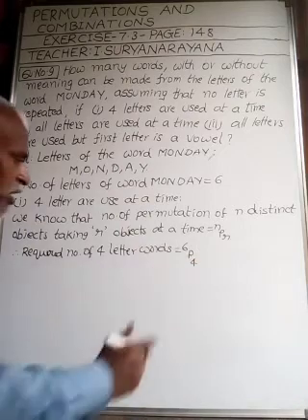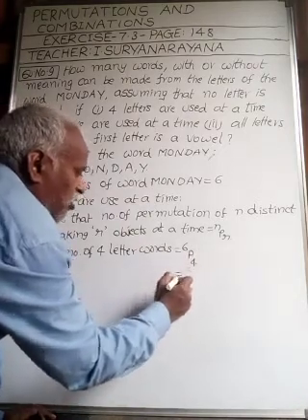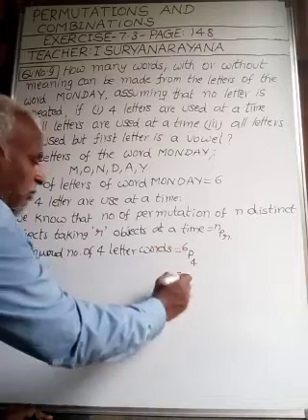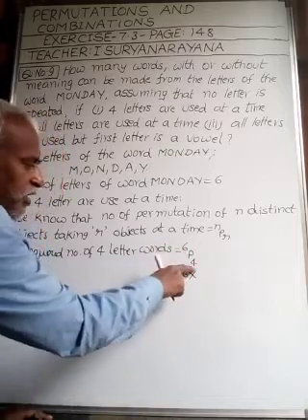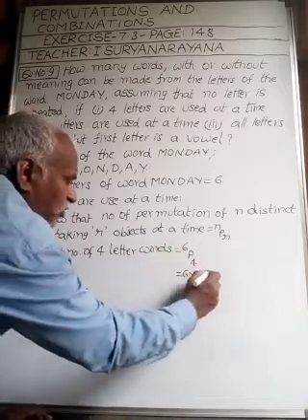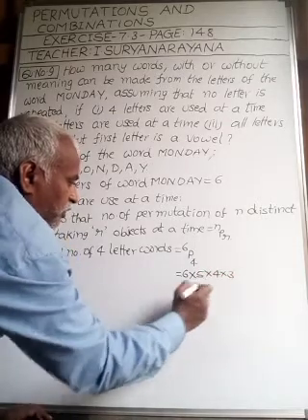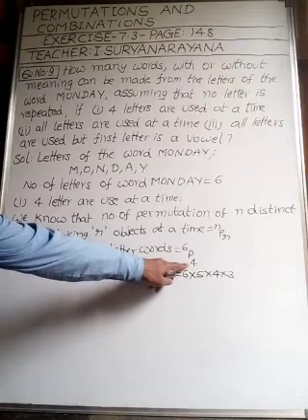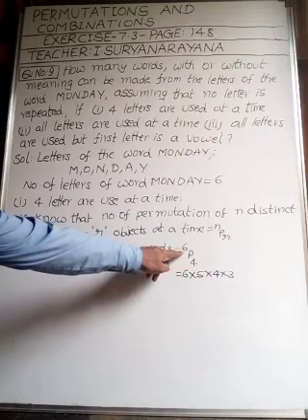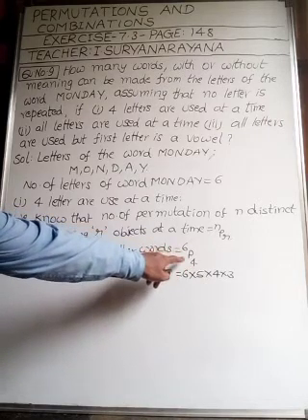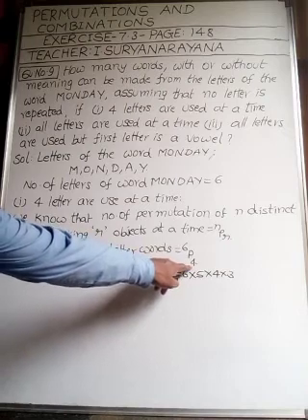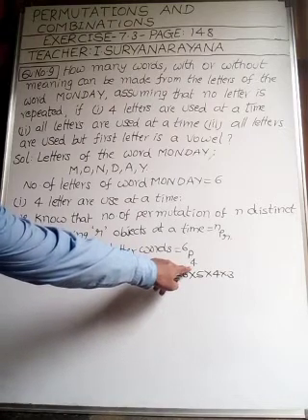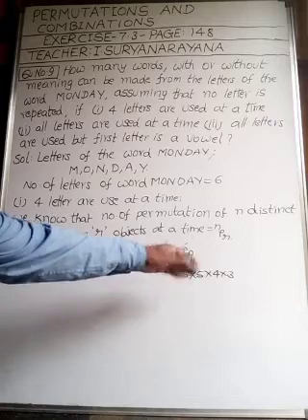6p4. Now let us find the value of 6p4. How do you find? Starting with this number, we write 4 factors. Here 4 is there, so 6 into 5 into 4 into 3. Understood this expansion of 6p4, my children? We start with 6 and write 4 factors in the descending order.